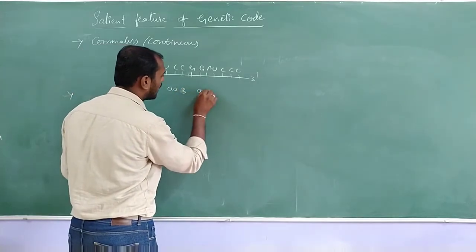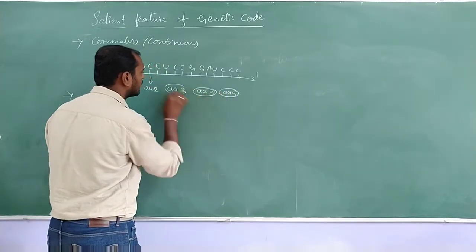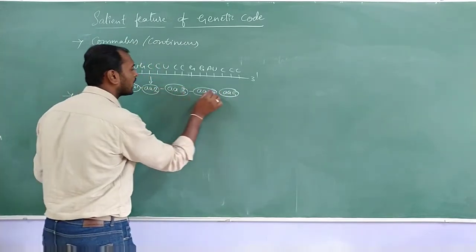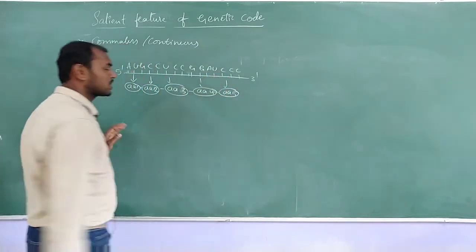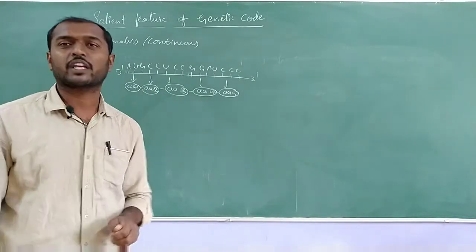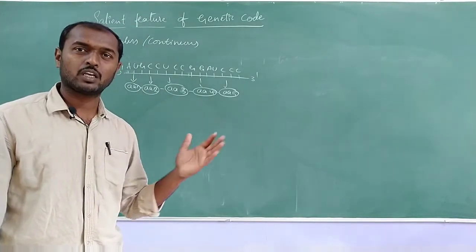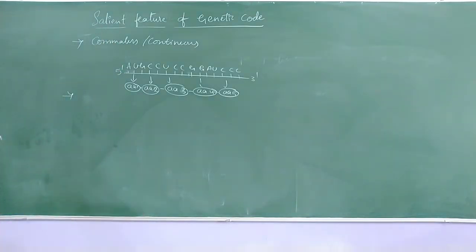This one is amino acid 4, amino acid 5. So like this, they are going to have a continuous chain. Otherwise there is a chance of getting blocks or breakage. To avoid that, you get continuous codons in the genetic code.